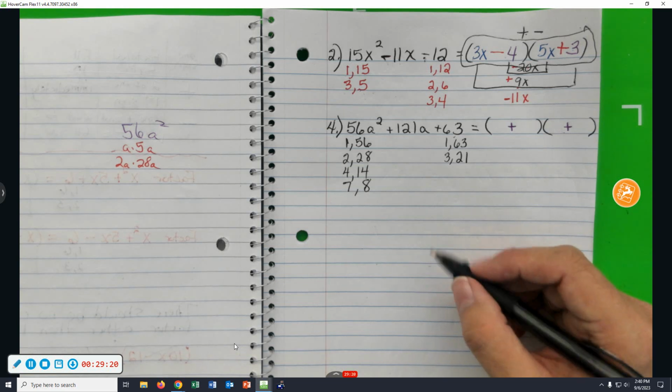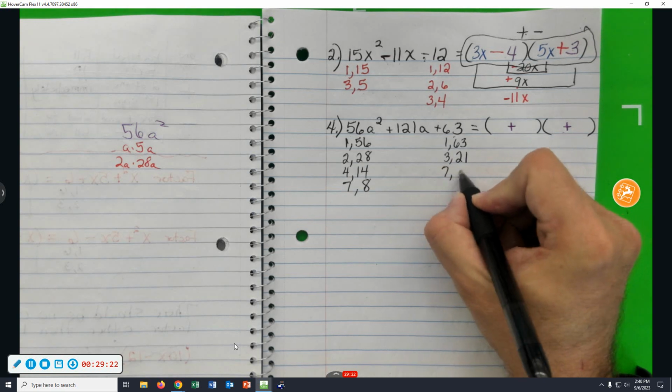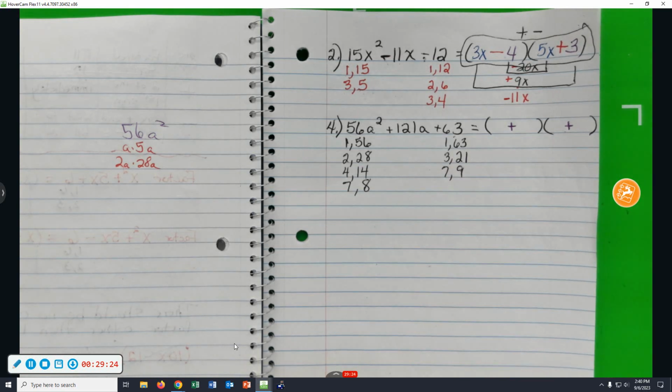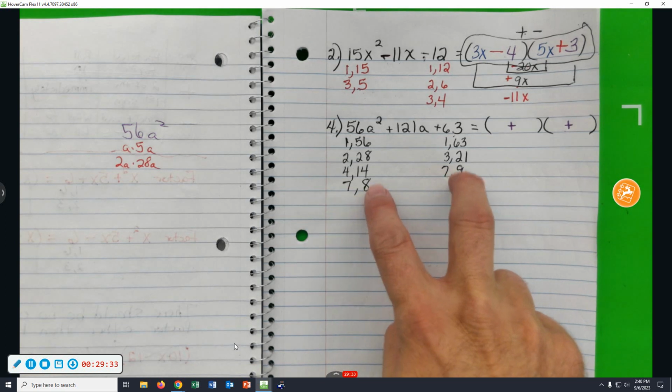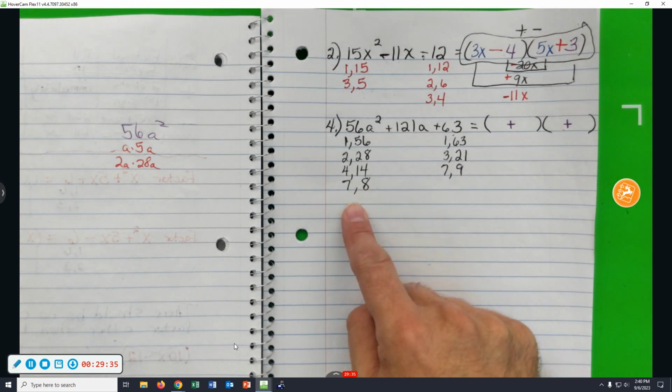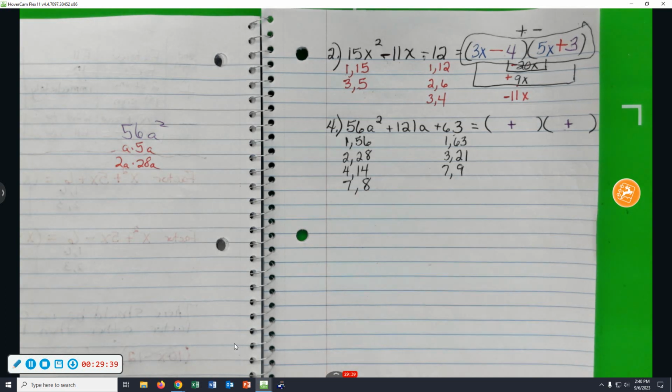Maybe there aren't that many. Can you think of another pair of numbers that multiply together to give 63? I think that's it. So, I'll generally try the numbers that are closer together on the number line. The 7 and 8 for 56, and I'll try the 7 and 9 for 63.